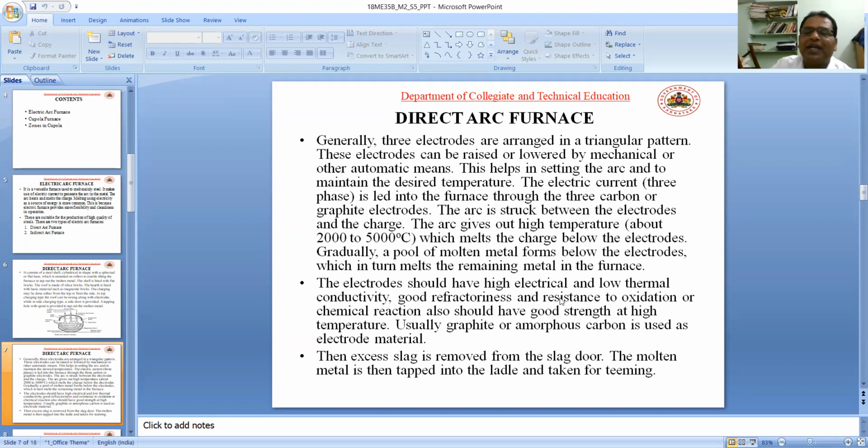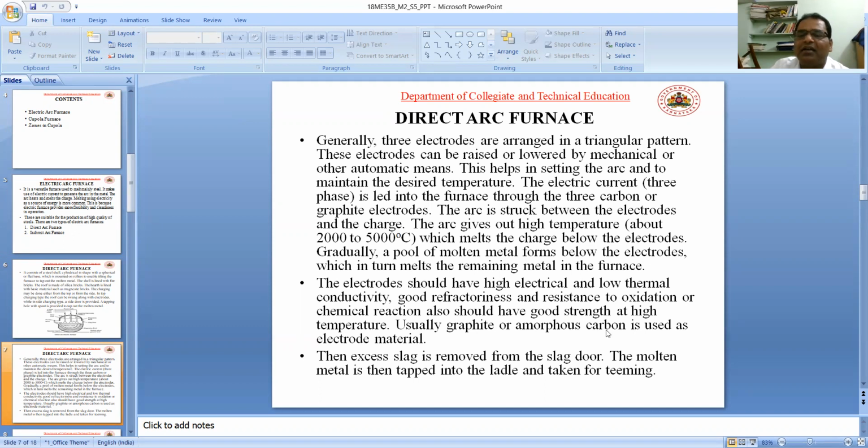The electrodes should have high electrical and low thermal conductivity, good refractoriness and resistance to oxidation or chemical reaction. They should also have good strength at high temperature.